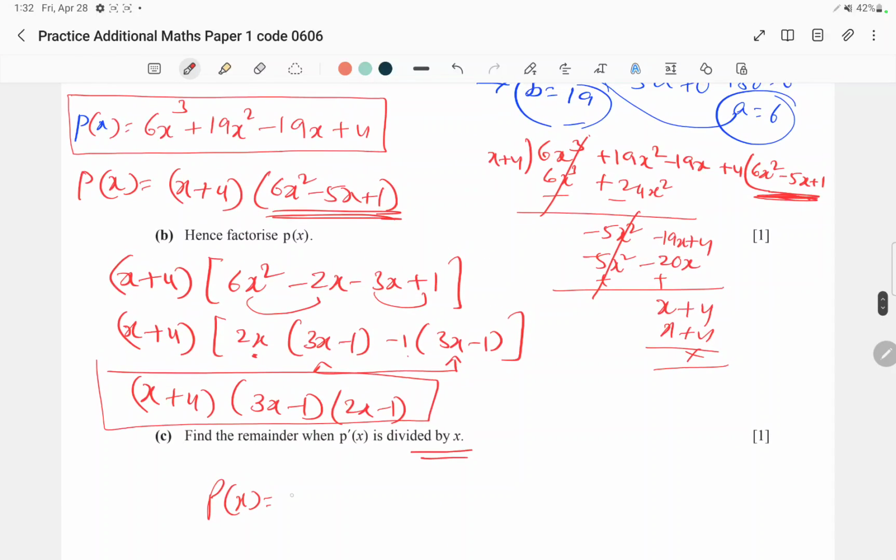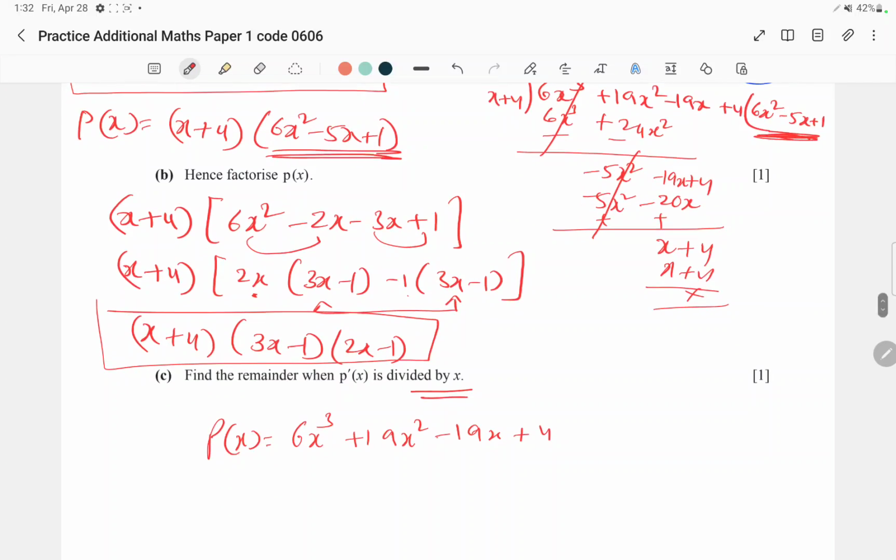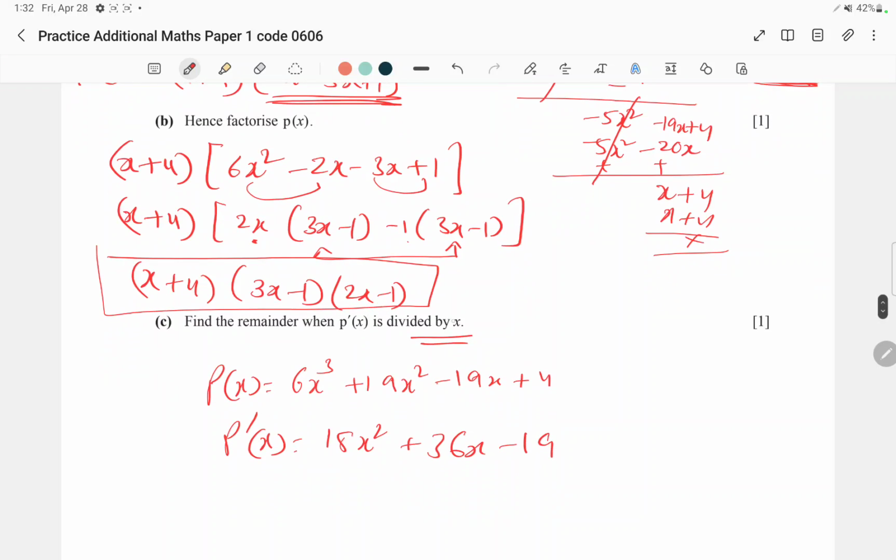So p(x) is 6x cubed plus 19x square minus 19x plus 4. Dash means differentiation. When you differentiate it, this is 18x square, this is 36x minus 19. And when you divide by x, so just divide by x.